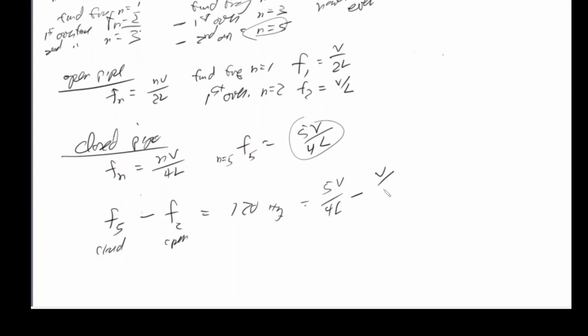Now, the problem states that the second overtone of the closed pipe, which is F5, minus the first overtone of the open pipe is equal to 120 hertz. And we found these values up here. That's equal to 5V over 4L minus V over L, which gives us V over 4L.